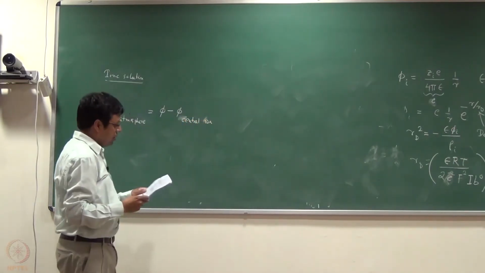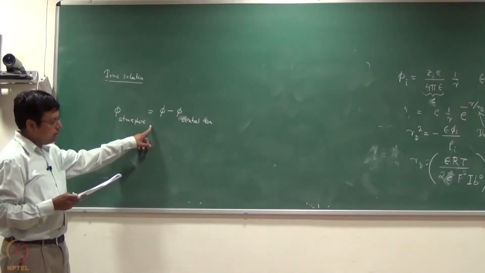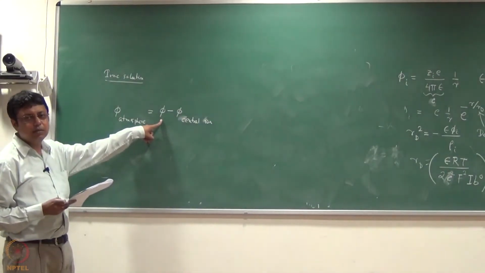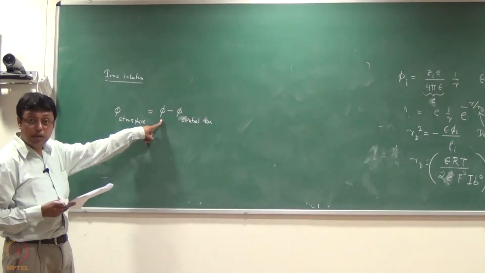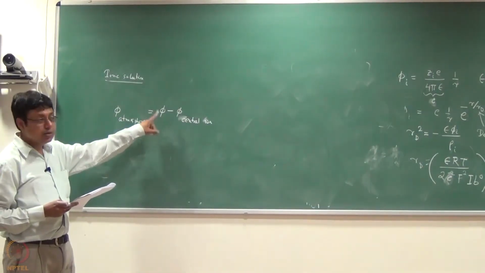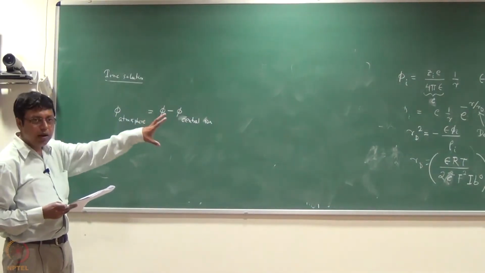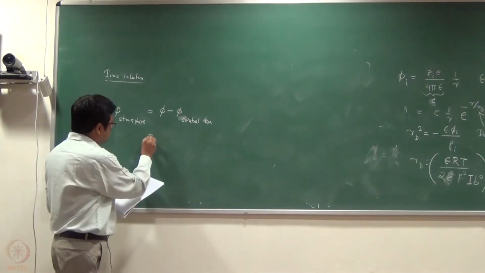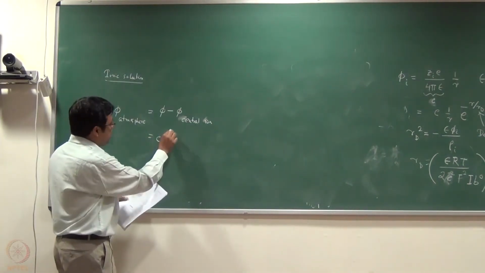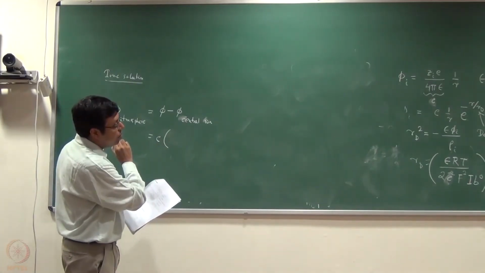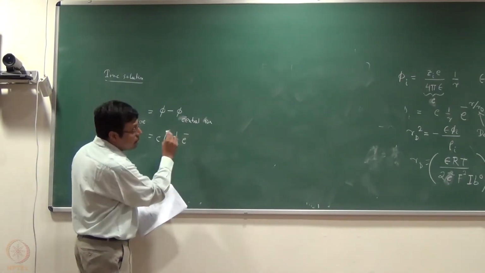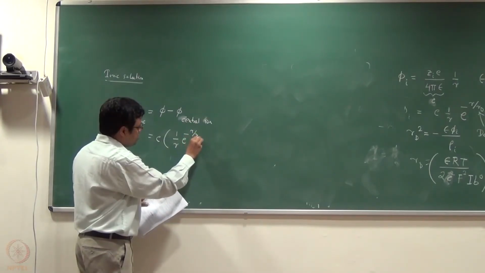Now let us think about it. What is this phi? Already we wrote a mathematical expression for phi for the ionic atmosphere. It was not exactly 1 by r, it was 1 by r times e to the power of something. Let us write it. So I had some constant c, and basically 1 over r e to the power minus r by r_D, right?